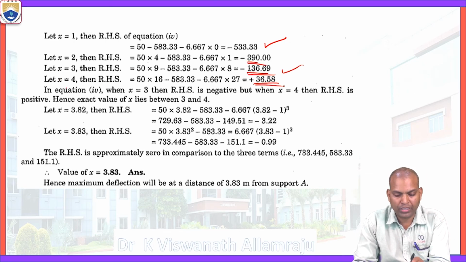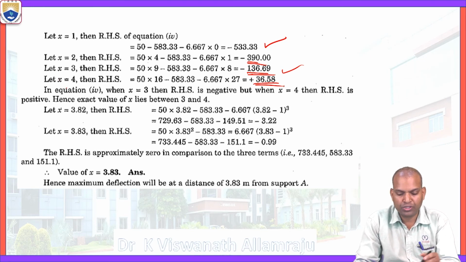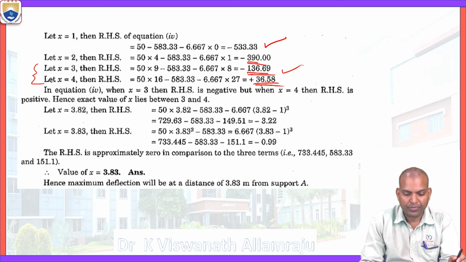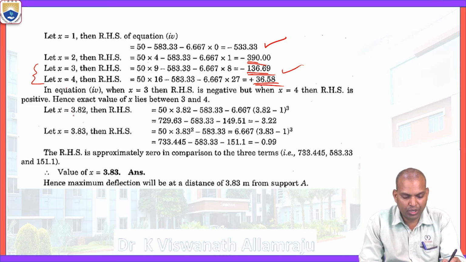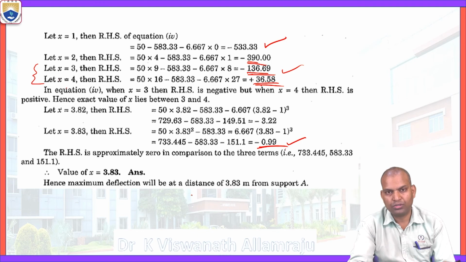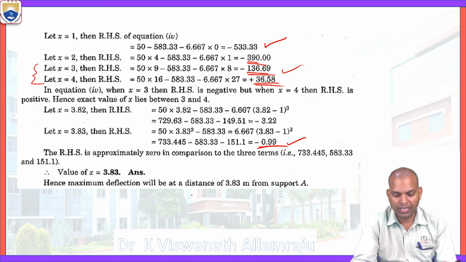X equal to 4, we crossed from negative to positive value. So x is in between 3 and 4. Then we try 3.5, like that. The value is calculated at 3.82 and 3.83. So 3.83 becomes closer to 0 value, negative 0.99.